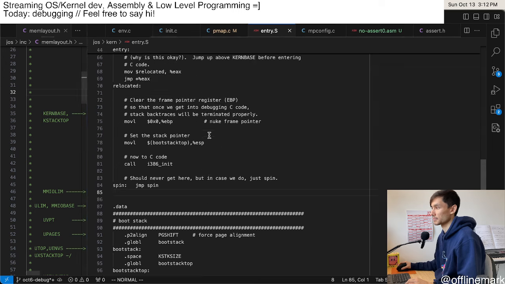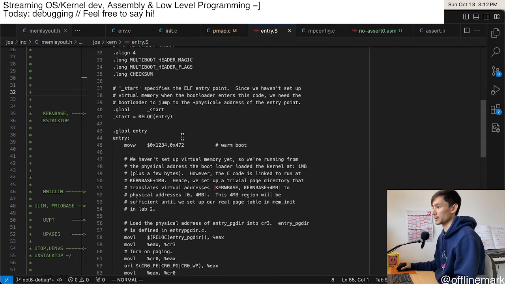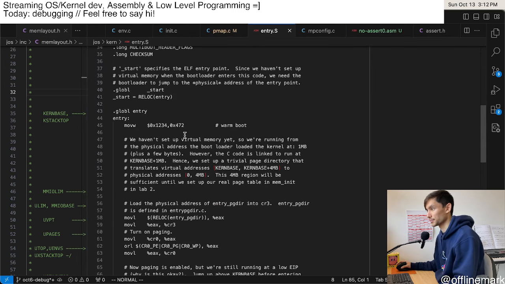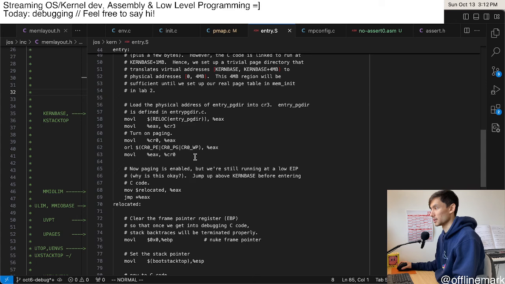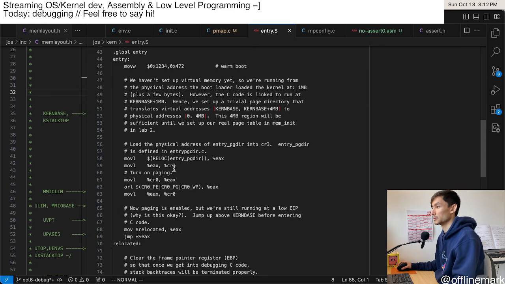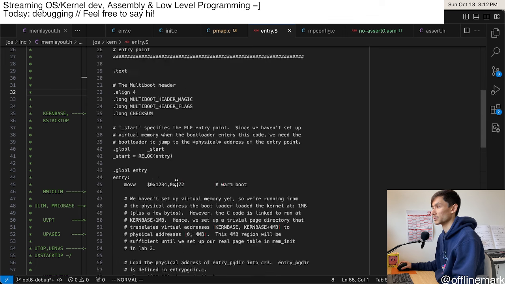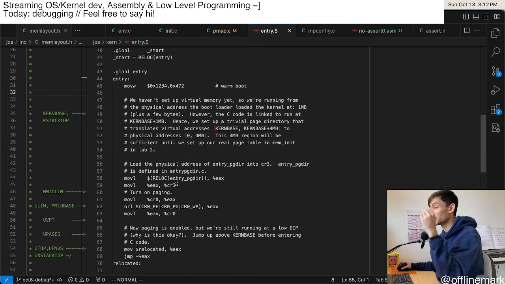Entry.s. So here we are in entry.s, which is the entry point of the kernel. We do our basic setup. We enable paging. I guess we enter in protected mode already, I believe.